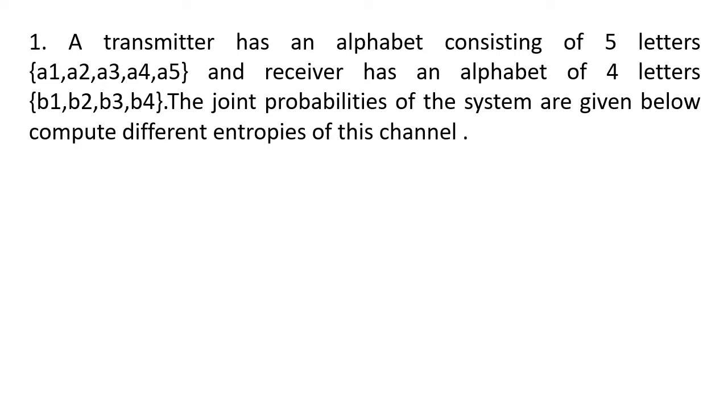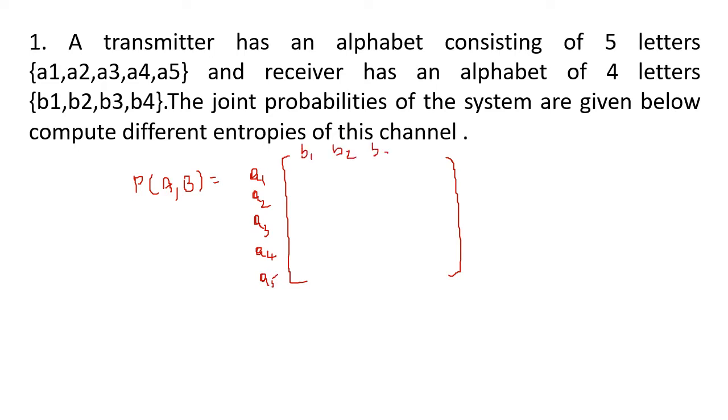So here the given matrix is P of A comma B, where you have inputs A1, A2, A3, A4, A5 and B1, B2, B3 and B4. The first row is 0.25, 0, 0, 0.